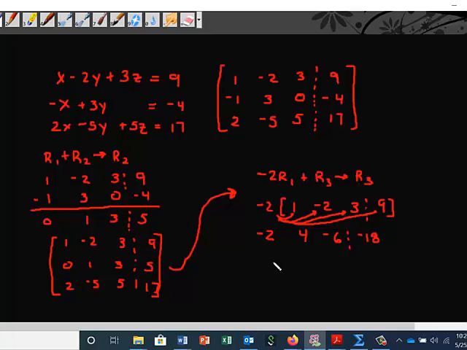So now we have to add row 3 to this. Row 3 will be 2, -5, 5, and 17.